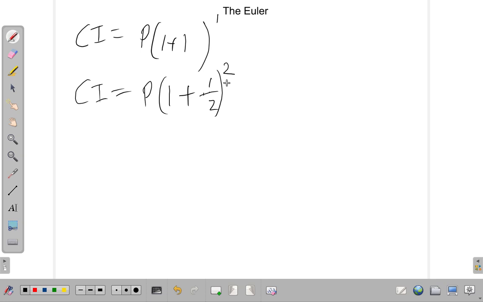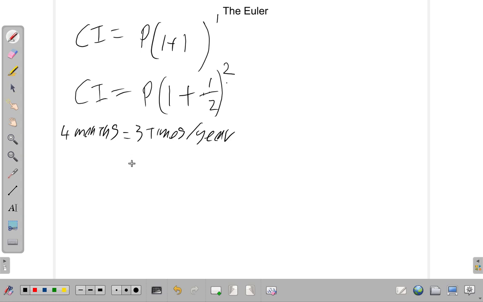Now suppose instead of every 6 months it matures every 4 months. So in this case, 4 months, which is 3 times per year.